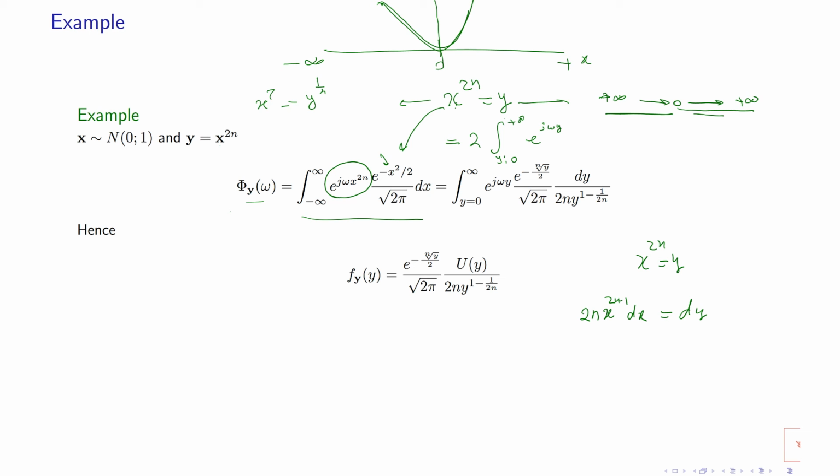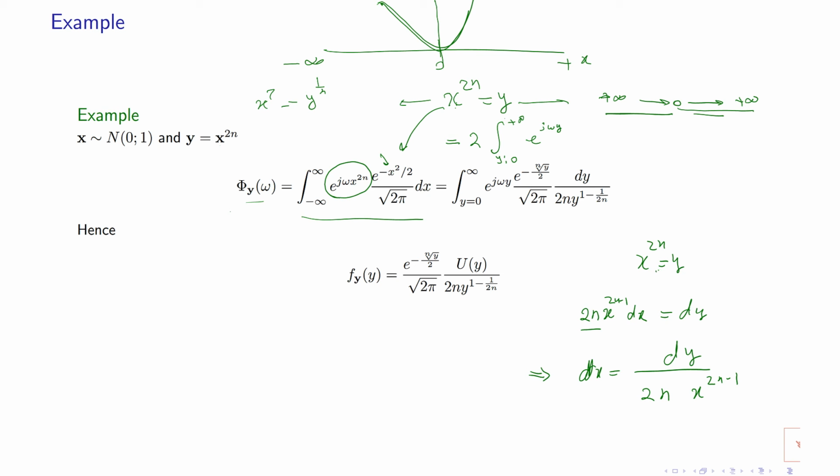Now you have to replace this x by y, so you get dx from this equation is equal to dy divided by 2n, and then divided by x to the power of 2n minus 1.